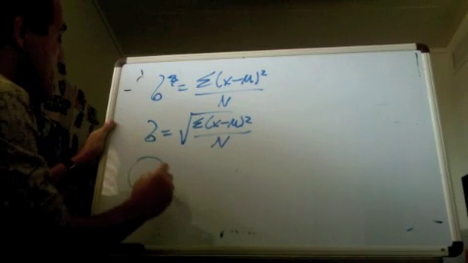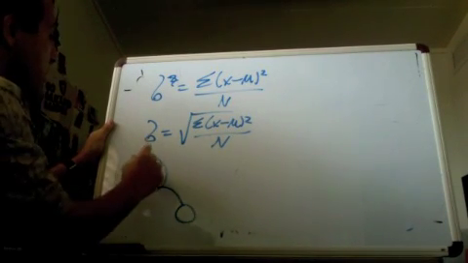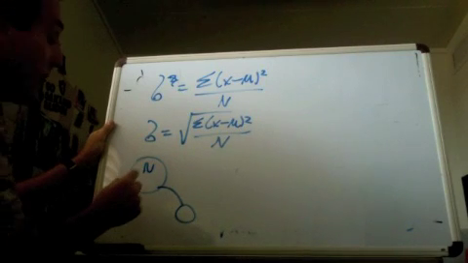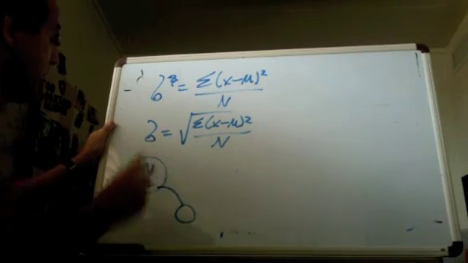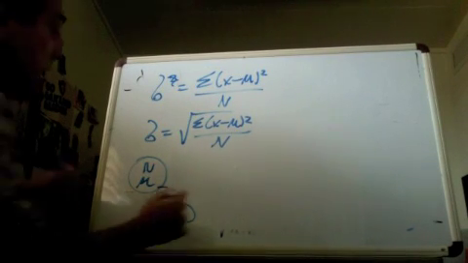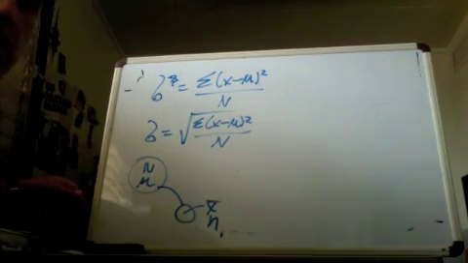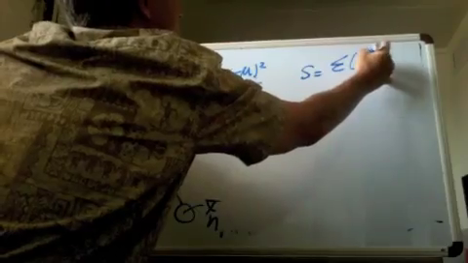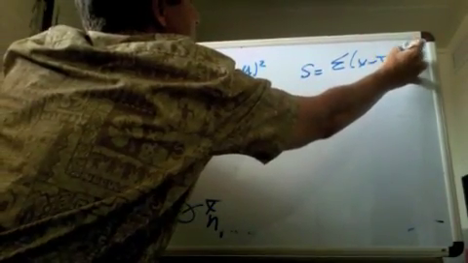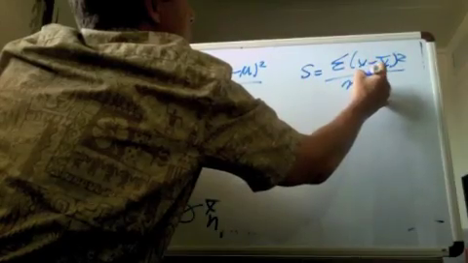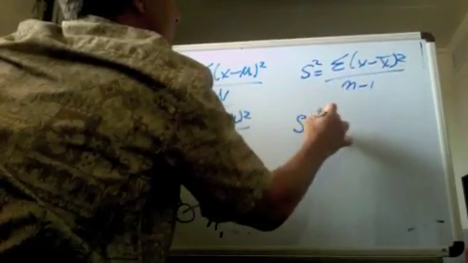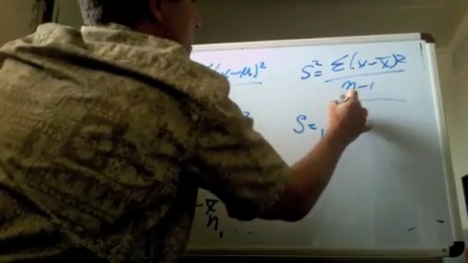Remember, in a population, big N stands for the number, and that funny Greek letter is the mean. In a sample, that's the mean, and the number is small n. So for a sample, it's a slightly different formula, but it's the same thing: the sum of x minus x bar squared over n minus 1. I'm sorry, that's s squared. The standard deviation is just the square root of that.